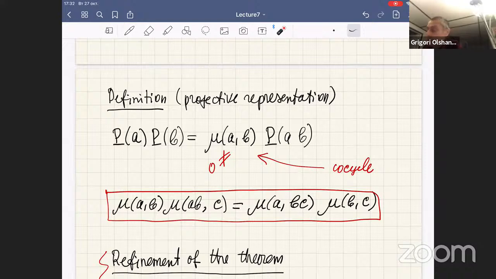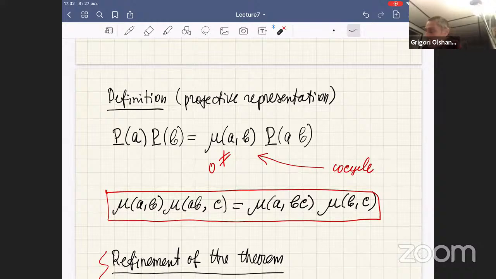So what should be correct? We need to have some associativity requirement. Because if you have a triple A, B, C, we can multiply these elements in two different ways.